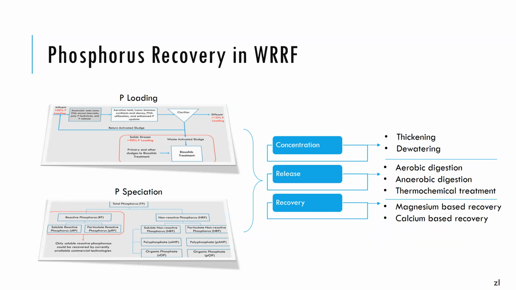So the recovery of the phosphorus not only makes environmental sense, but also improves maintenance and possibly reduces the operational cost of the side stream treatment process. Next slide, please.